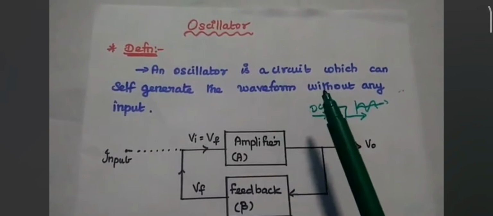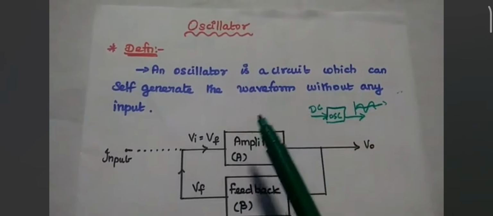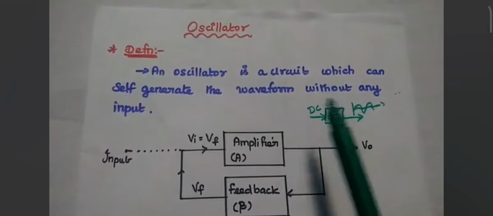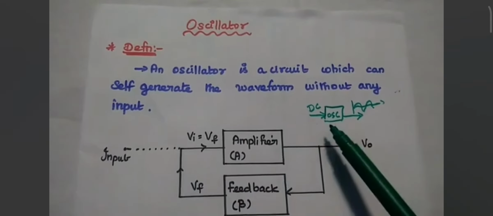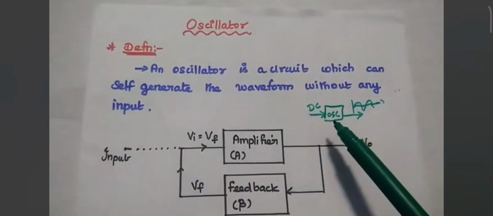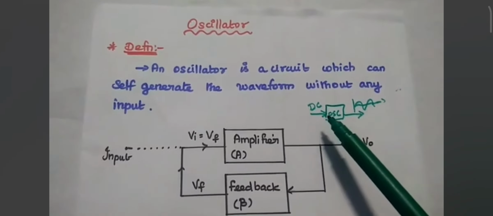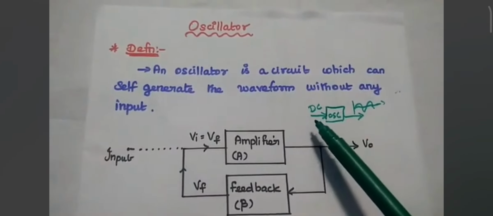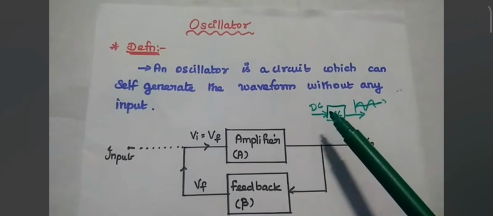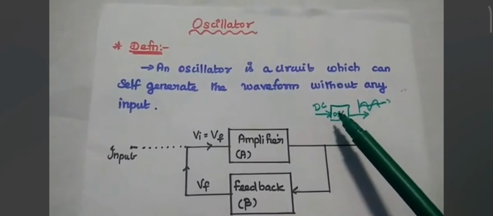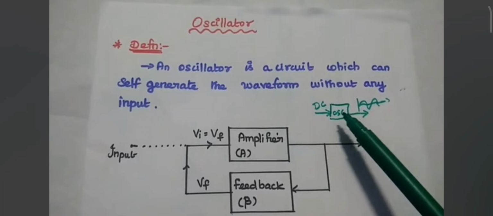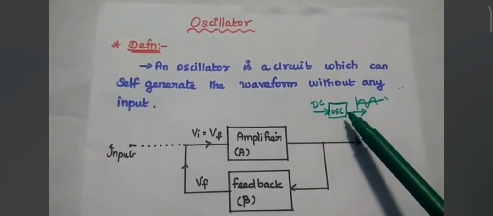It is an electronic circuit which can self-generate the waveform without any input. So without any input means, consider this is the oscillator device. We are not going to give any input. We are going to simply give the DC supply voltage which is required for the operation of an active device used in this electronic circuit.